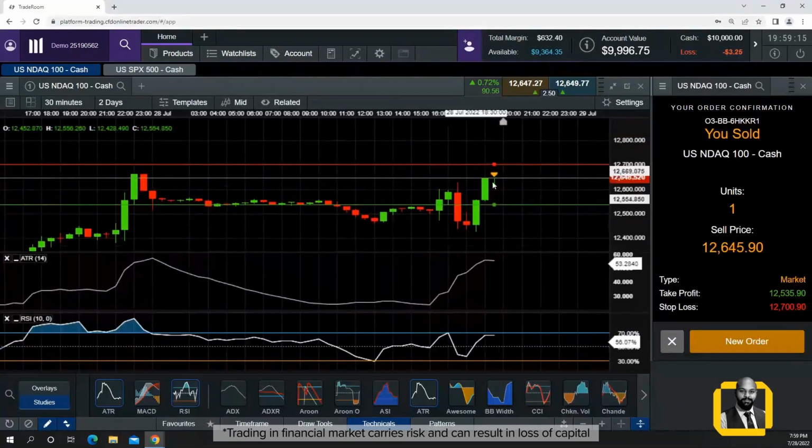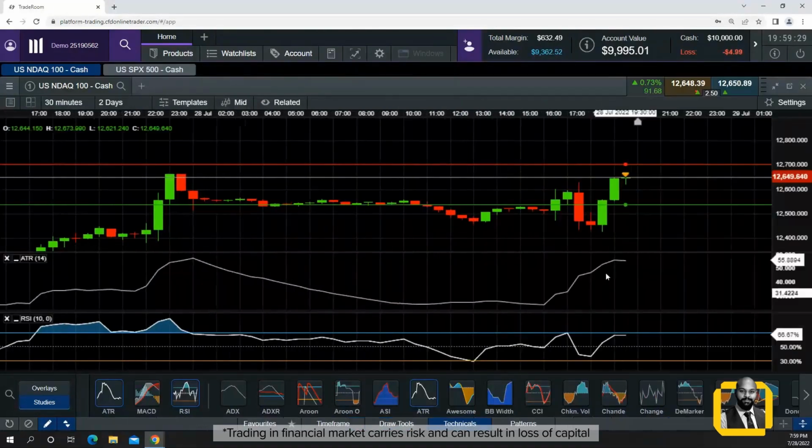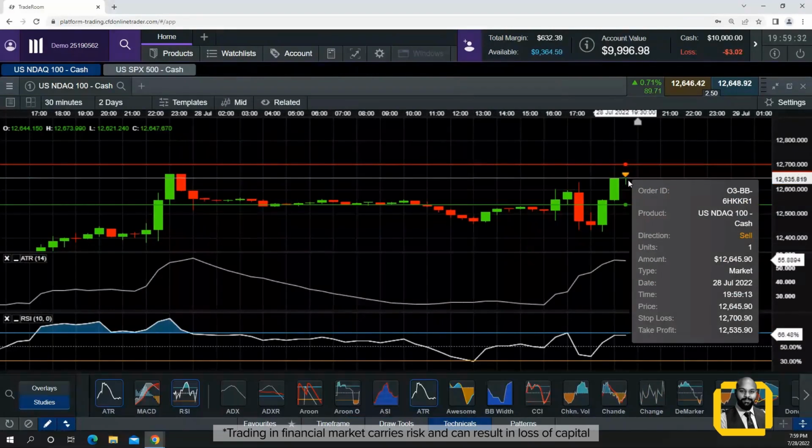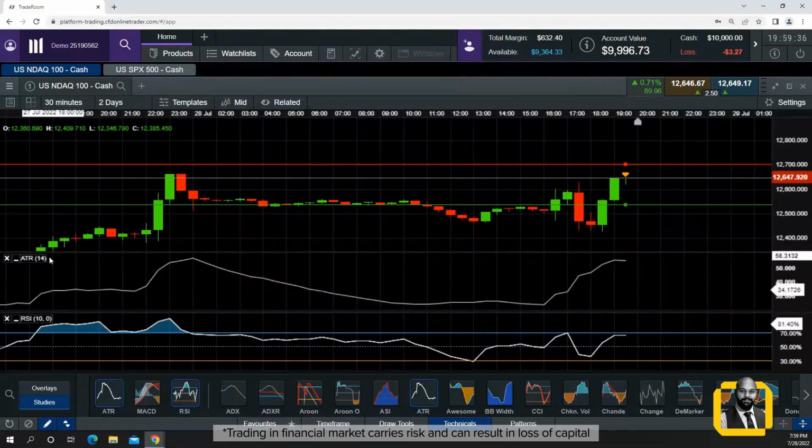So now you have taken a short position, you kept your stop loss and take profit based on ATR, and you have taken a sell position based on your RSI signal. Of course, we are not jumping into divergence and convergence yet, but this is just an example for us to understand how you can use your RSI and your ATR to take these simple trades.